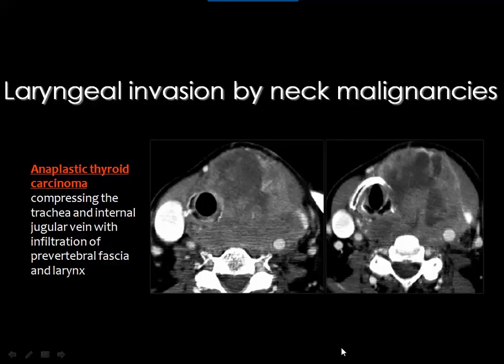Then metastatic invasion of the larynx is commonly occurring by the nearby malignancies like the hypopharyngeal cancer and thyroid carcinoma. And this is anaplastic thyroid cancer with a very big mass in the left thyroid lobe that has invaded the laryngeal lumen, destroyed the thyroid cartilage as well.